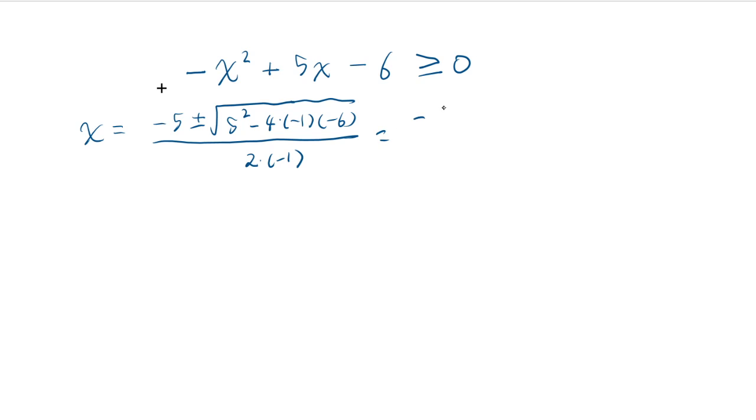And that gives you negative 5 plus or minus square root. Negative times negative times negative is still negative, right? So 5 squared is 25. 4 times 6 is 24, but because we said it's negative, it's 25 minus 24 over 2 times negative 1 is negative 2. And this gives you 25 minus 24 is 1, and square root of 1 is just 1, right? So you have negative 5 plus or minus 1 over negative 2.